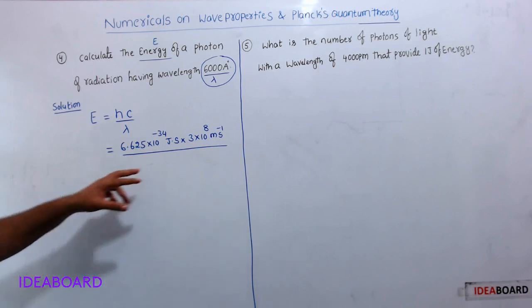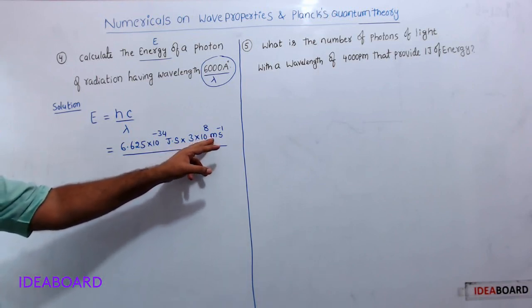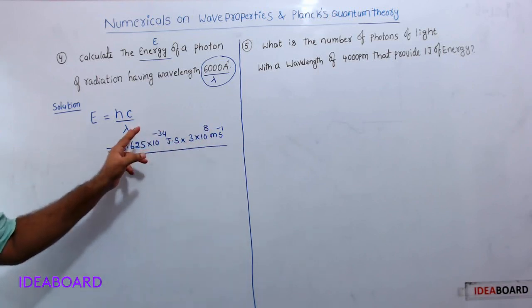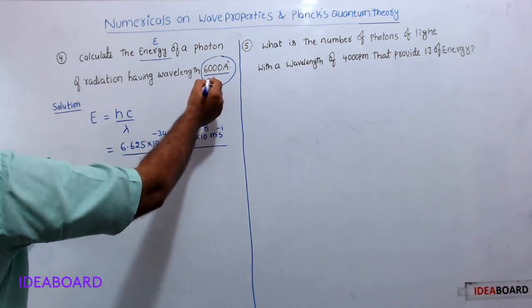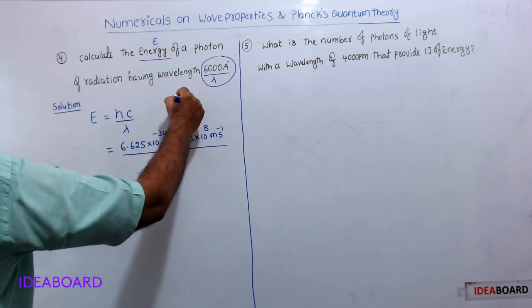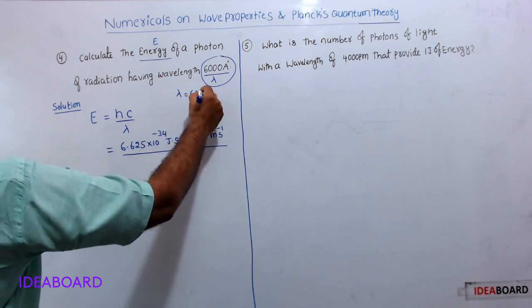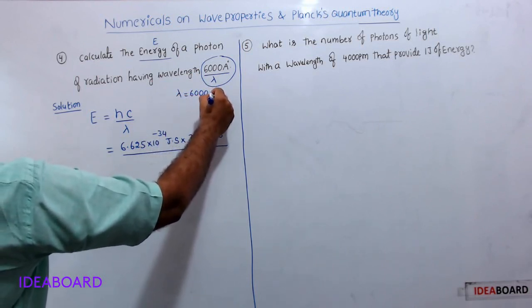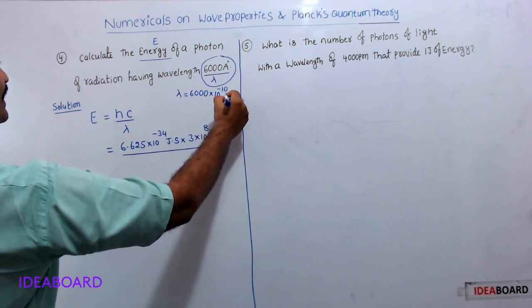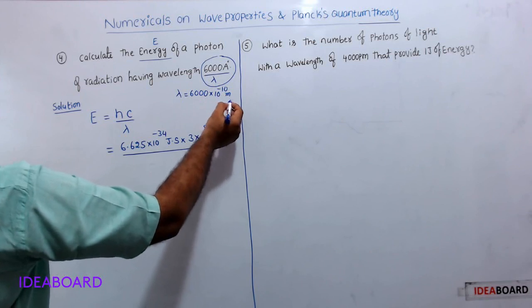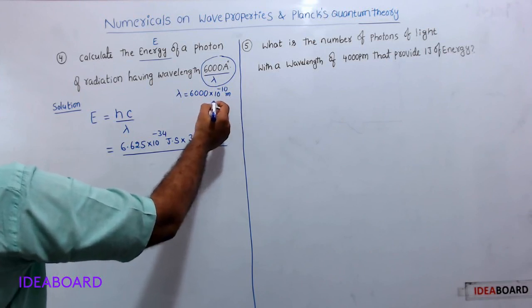Light velocity is expressed in meter per second, so lambda should be in meters. That's why lambda, given as 6000 angstrom, must be converted. 1 angstrom is equal to 10 power minus 10 meter.